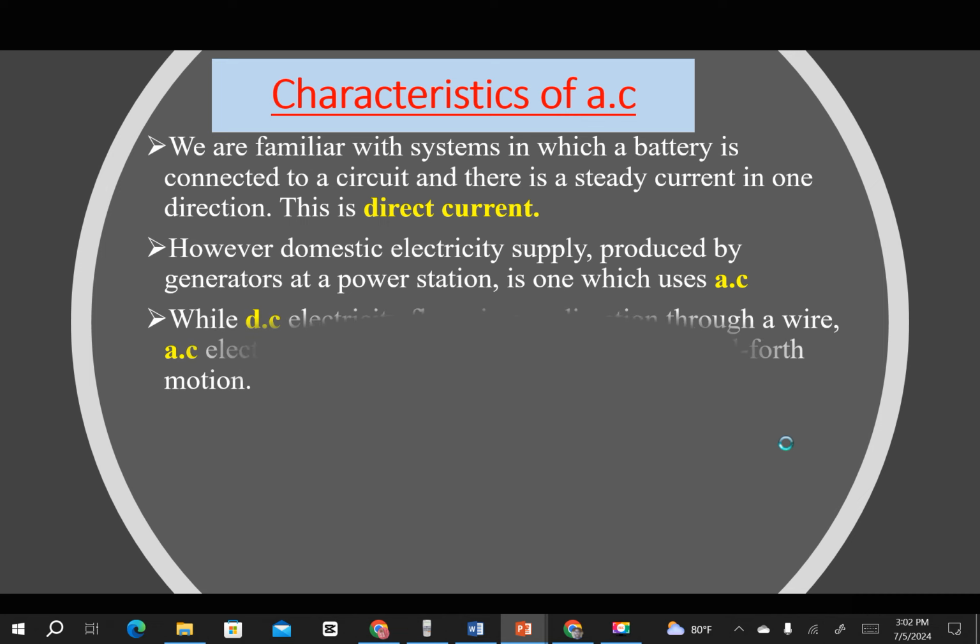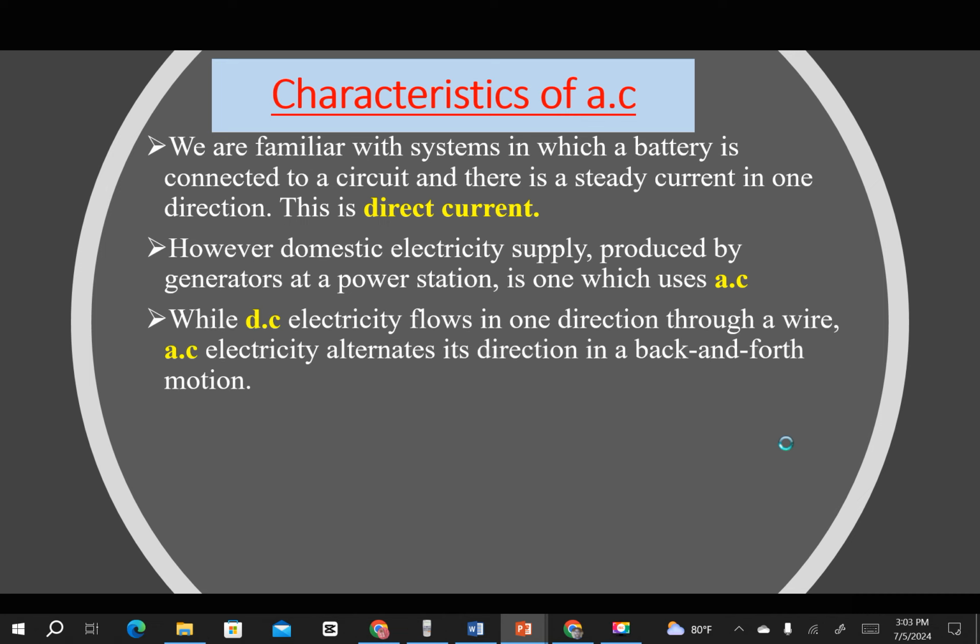And by the way, most of the devices that we use at home use DC, but what is supplied at power stations such as dams or hydroelectric power is actually AC.